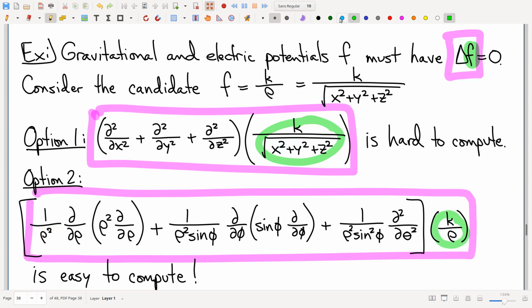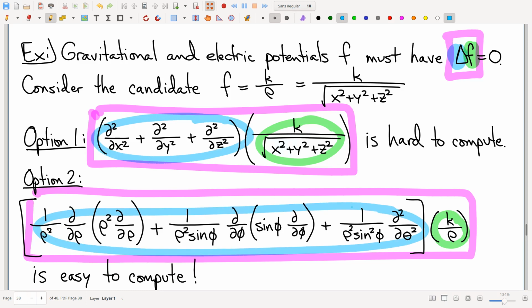And my Laplacian that we talked about above, I can write in rectangular coordinates or I can write in spherical coordinates. And I'm quite sure at this point I still haven't made a sale. I know that you are looking at this and thinking, pass.